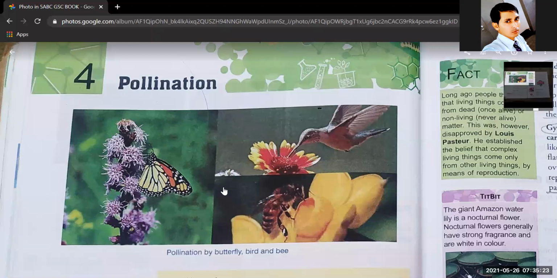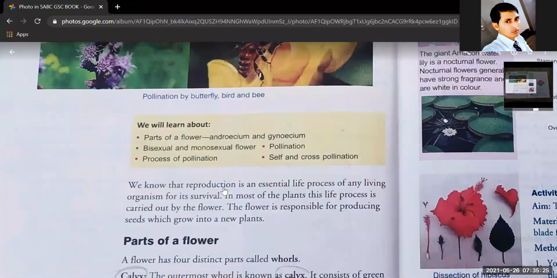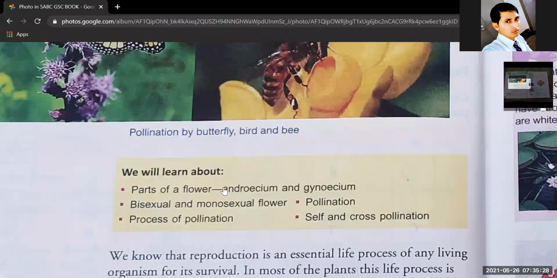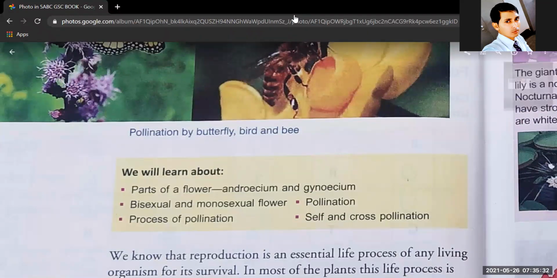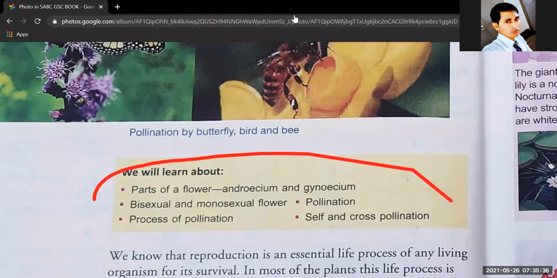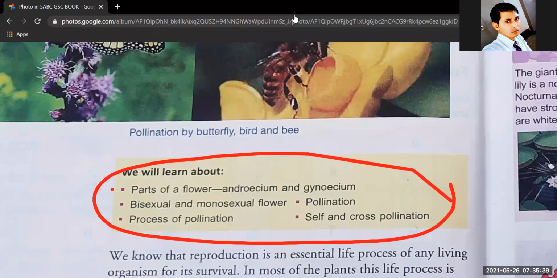Now let us begin here. We will learn about these things after studying this chapter. These 5 points. Point number 1 is parts of a flower. We are going to study in depth about pollination, the parts of a flower, Androecium and Gynoecium.